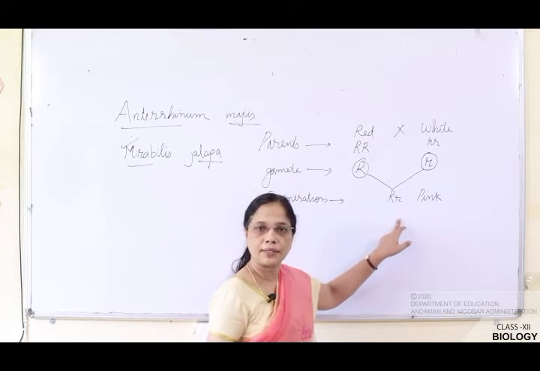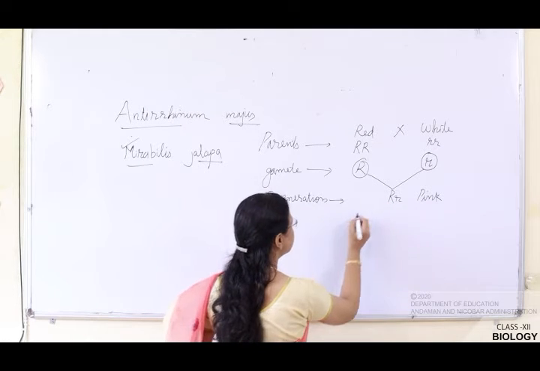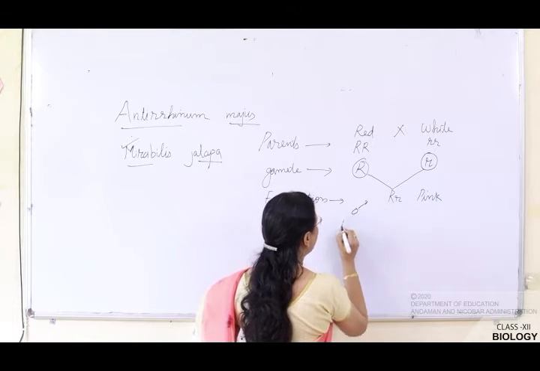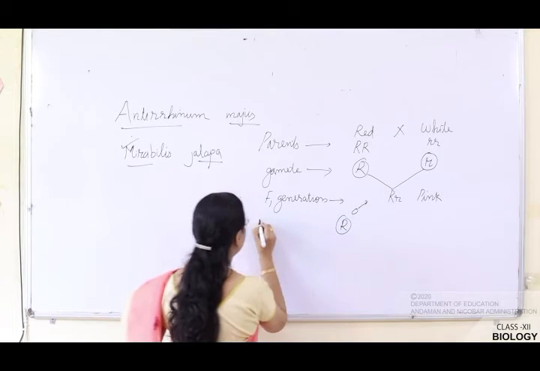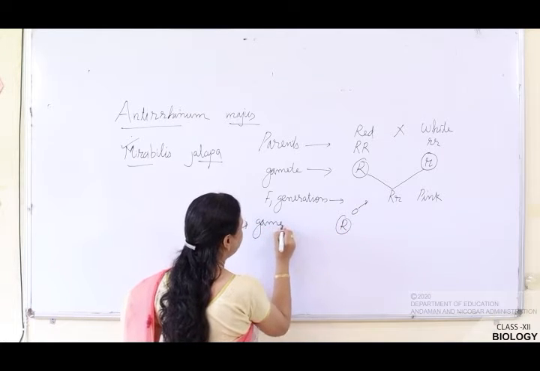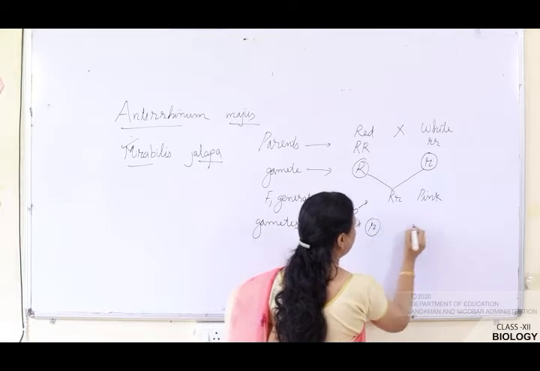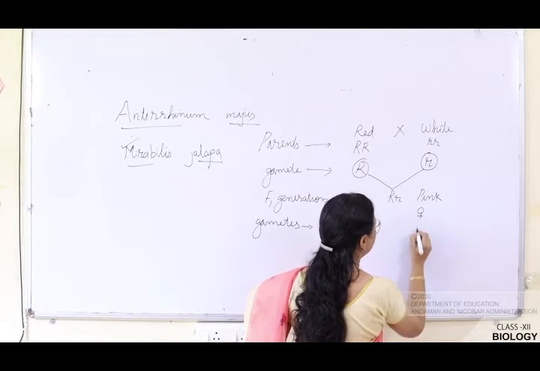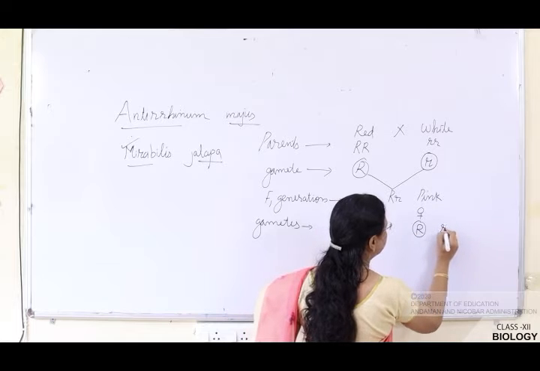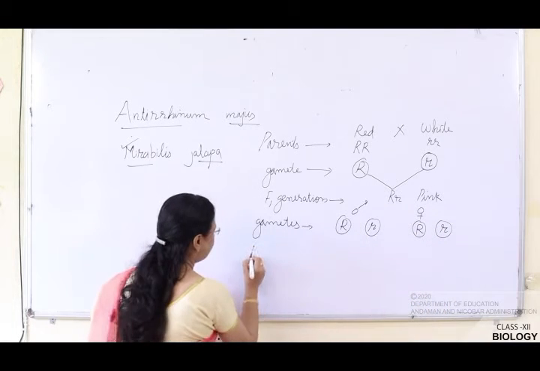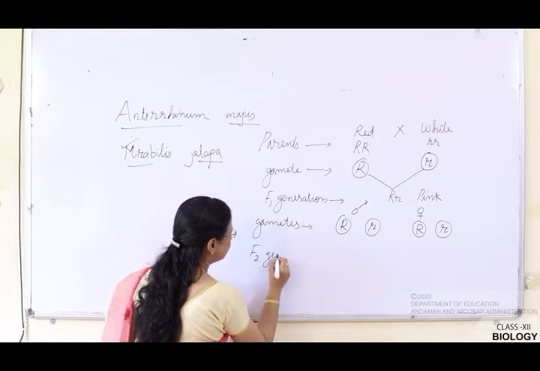Again, this plant is self-pollinated. So it produces both the male gamete and female gamete. We'll write here as gametes. Okay, here the female gamete, F2 generation.